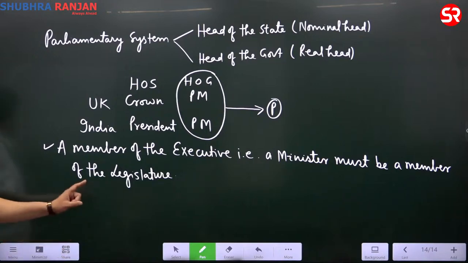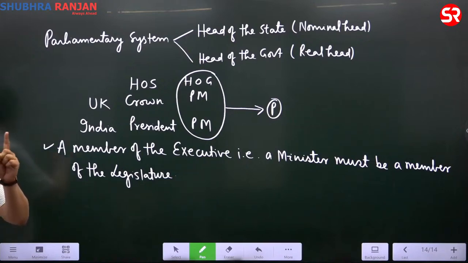You see, all our ministers, they are either the members of the Lok Sabha or the Rajya Sabha. Even at the state level, your ministers are either the members of the Legislative Council, and wherever we have a bicameral legislature, they can be the members of the assembly or the council.